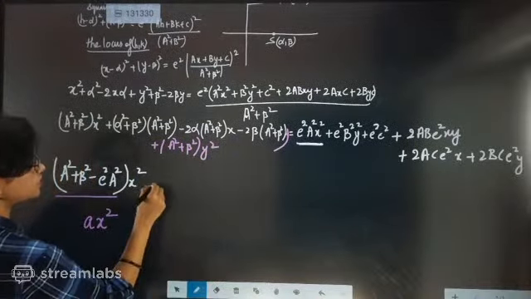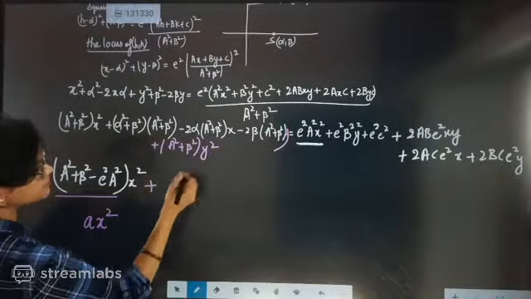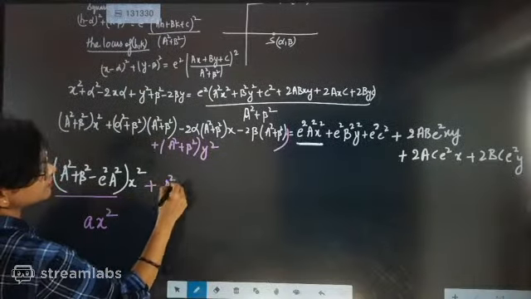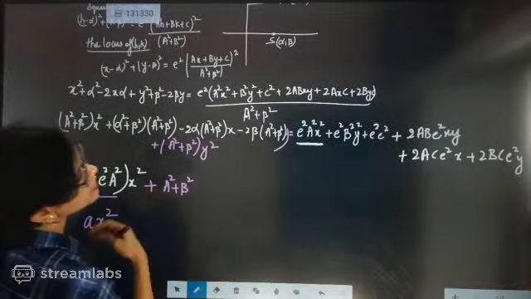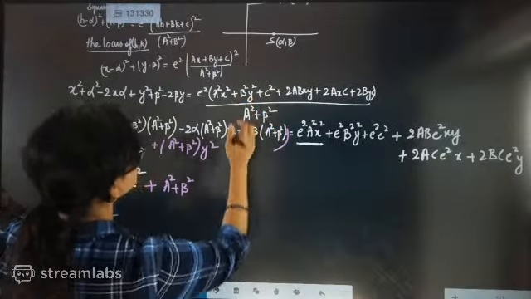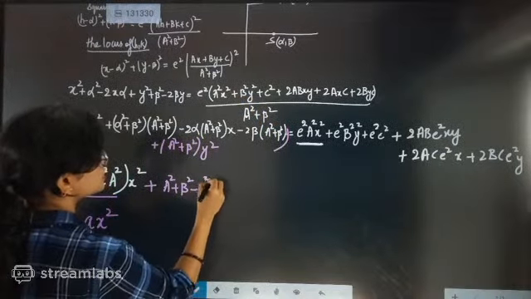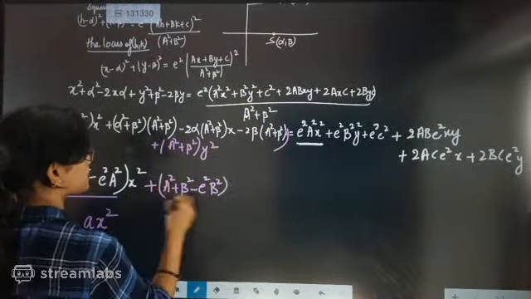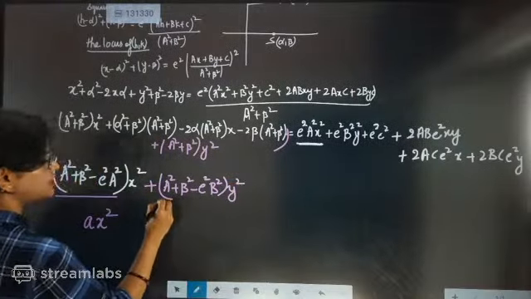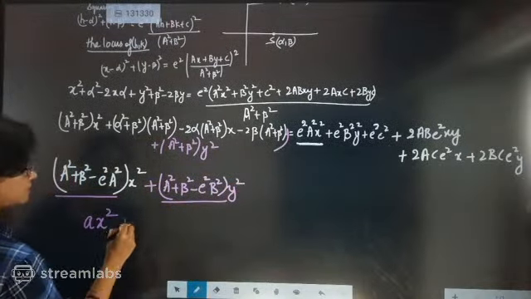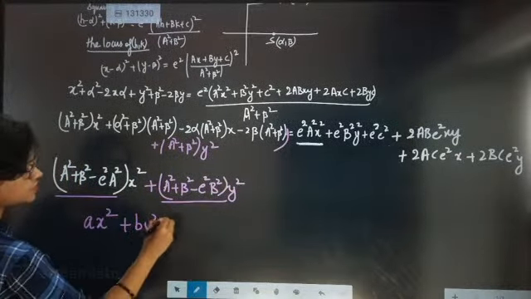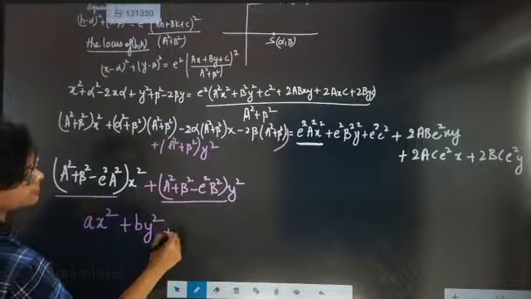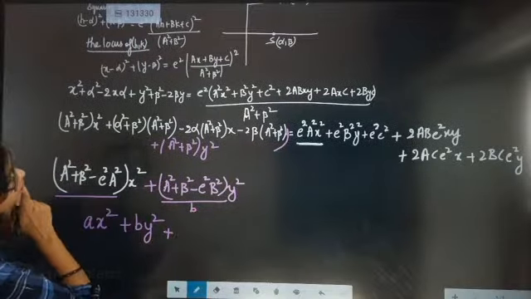So now for y square, a square plus b square, y square section is coming as minus e square b square y square, take this as b. The ax square plus by square section, take it as b.